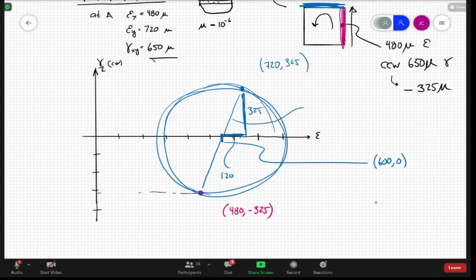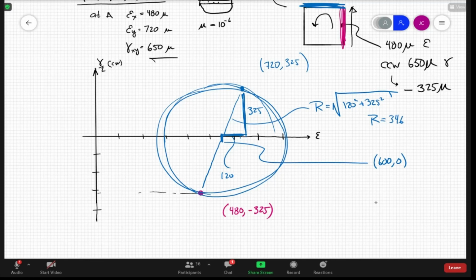So from that, I can get that the radius of the circle is the square root of 120 squared plus 325 squared. So that is 346 microstrains.